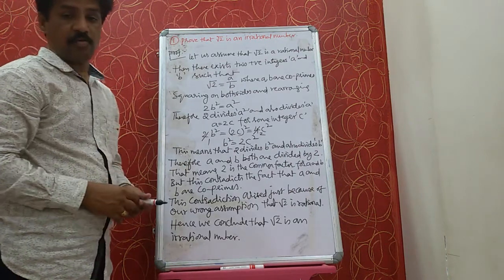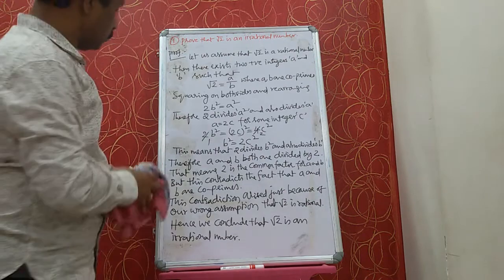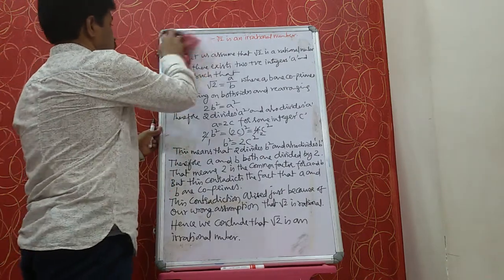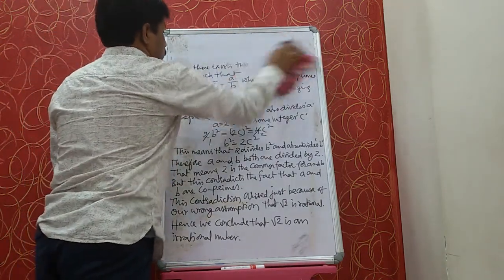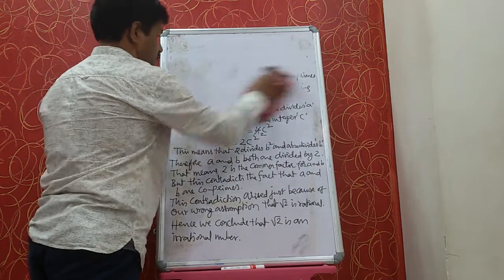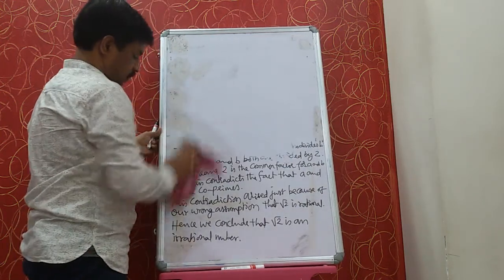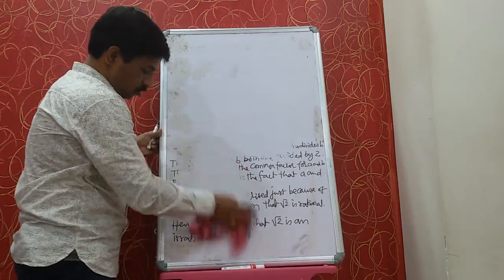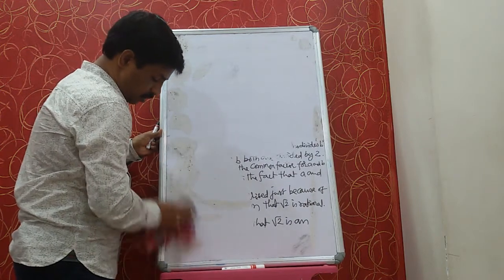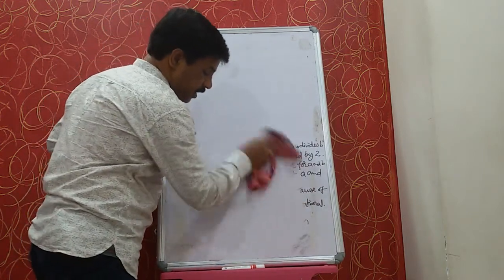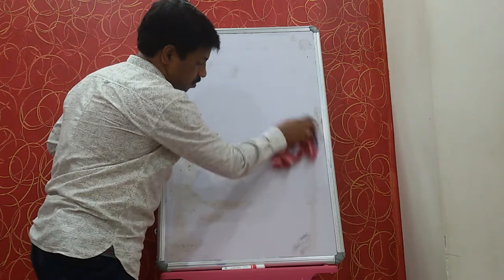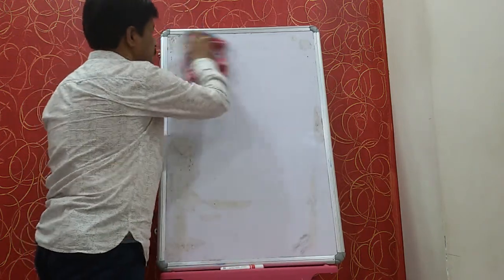Let us take one more problem. Now we will take the product of a rational and an irrational number. One is rational and another is irrational.